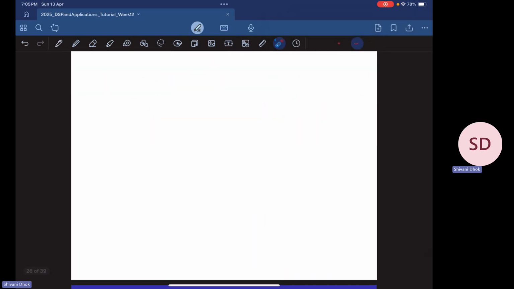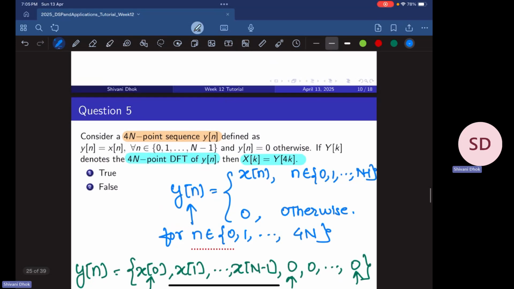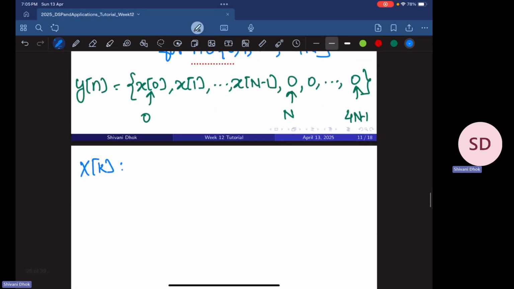So what is X of k? X of k is the N point DFT of x of n. And where is this coming from?